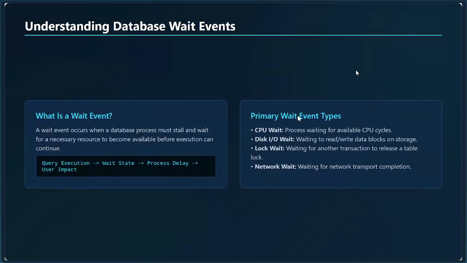So there's also what we call wait time or wait events in databases. Let's say user A is trying to query a database to get a balance, and let's say another 50-60 persons are trying to query the database.